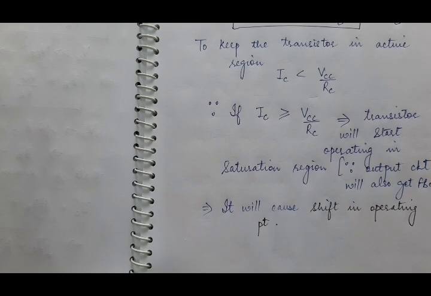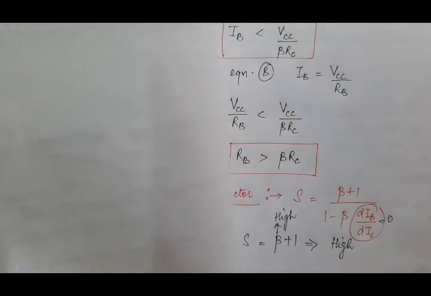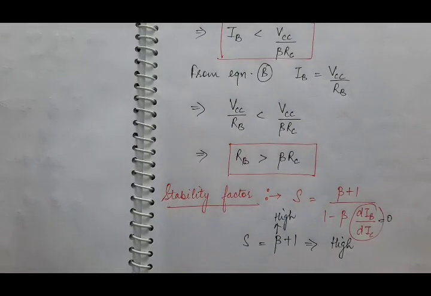What is its disadvantage? Its operating point shifts with the temperature and transistor, so the operating point is not very stable. So that is why we cannot use this fixed biasing. And one other disadvantage is the high value of the stability factor, which is beta plus 1, which we have already discussed.